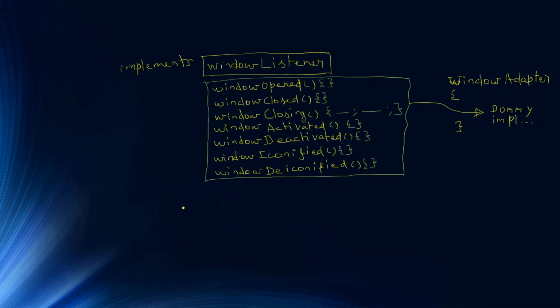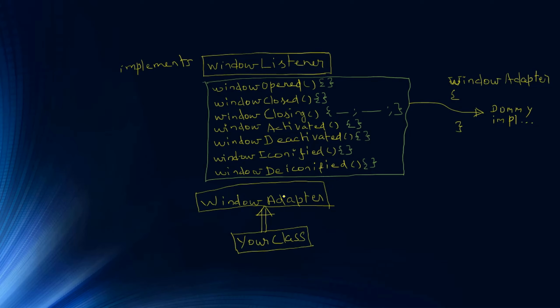So what we have to do, so there is a window adapter. We have to extend from a window adapter. So this is our class, our handling class, which extends from window adapter.